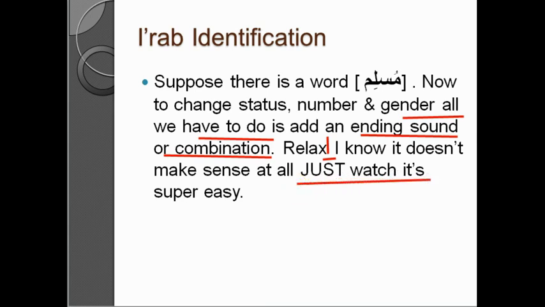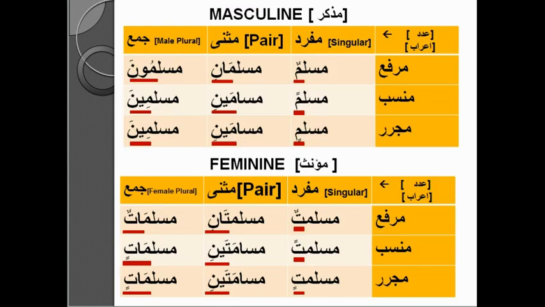So let's move on to the big part, the Arabic. Ah, there it is. So look at these two tables. You did notice that it's masculine separately and feminine separately. But this is only applicable for the human part, okay? If it's not human, then the singular and pair will be the same, but the plural will not be the same. Okay, we don't have to worry about that.